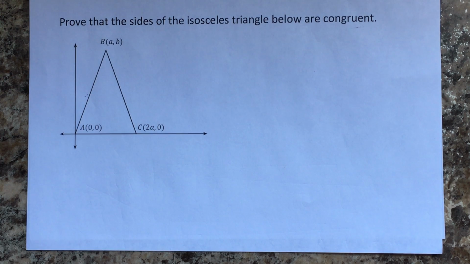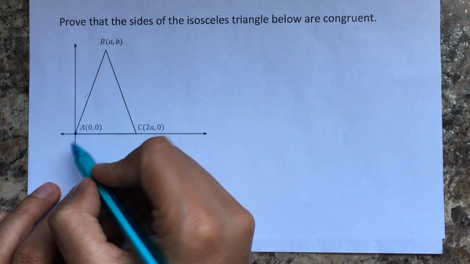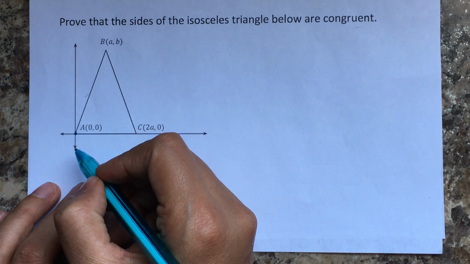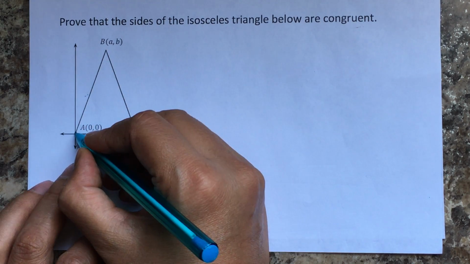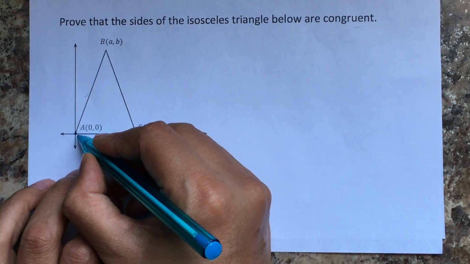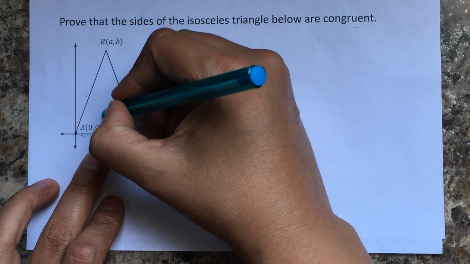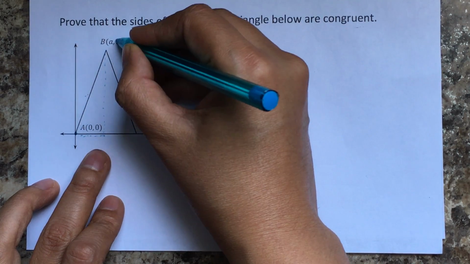It says, prove that the sides of the isosceles triangle below are congruent. So let's look at the information in here first. This point is 0, 0, and it's basically because it doesn't go to the right or up, so it's at the origin. This point goes a and b, so they're calling a the distance to the right up to this point, and then b up.